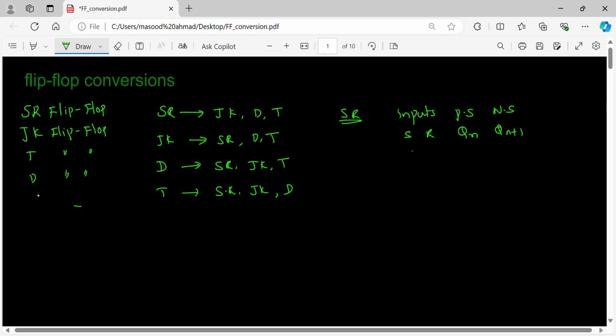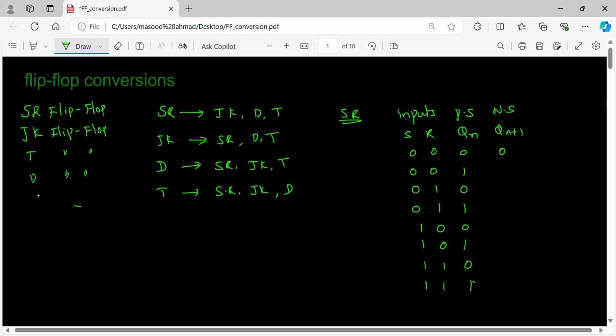So the inputs are 0 0 0, 0 0 1, 0 1 0, 0 1 1, 1 0 0, 1 0 1, 1 1 0, 1 1 1. What is the next state that I am going to get? When S and R inputs are 0, 0, the next state is nothing but the present state.